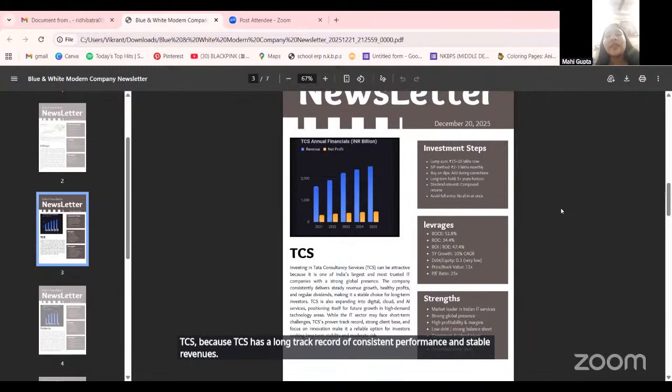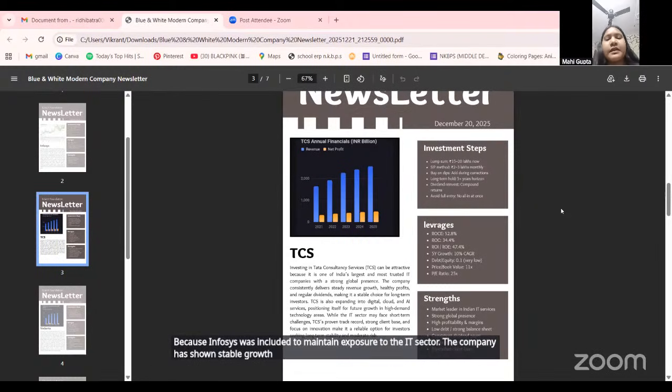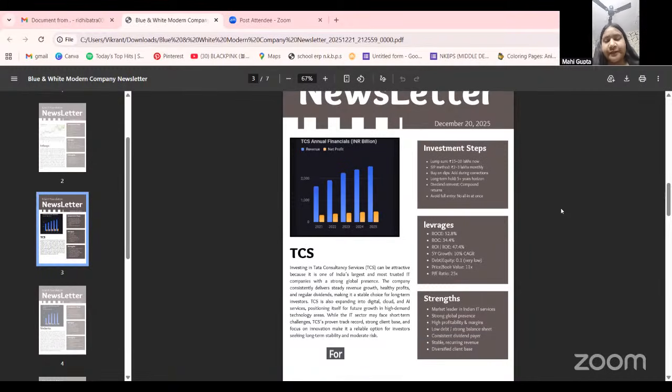It was selected to ensure reliability and steady returns over the long term. Our third company is Infosys. We invested 10 lakh rupees in Infosys because Infosys was included to maintain exposure to the IT sector. The company has shown stable growth in services, making it suitable for long term investment.